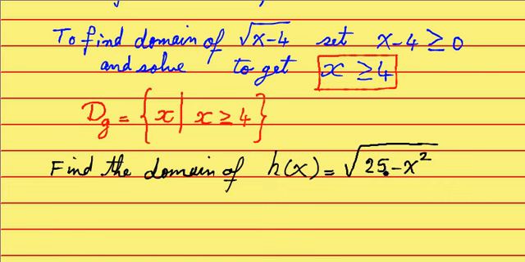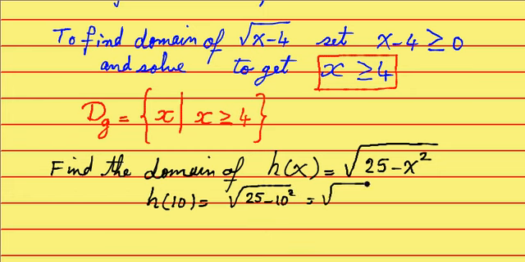You can do a bit of trial and error if you wish, but there are systematic ways of answering it as well. You notice that if the value of x is taken to be a large number, like if you take x to be 10, let's go ahead and calculate h of 10. What is h of 10? That's going to be square root of 25 minus 10 squared.